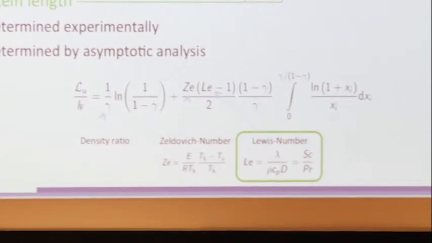So this is the ratio of heat diffusion to species diffusion. If they're the same, meaning the Lewis number is 1, you see then the second term here is 0. And otherwise, this is a complex interaction of transport.